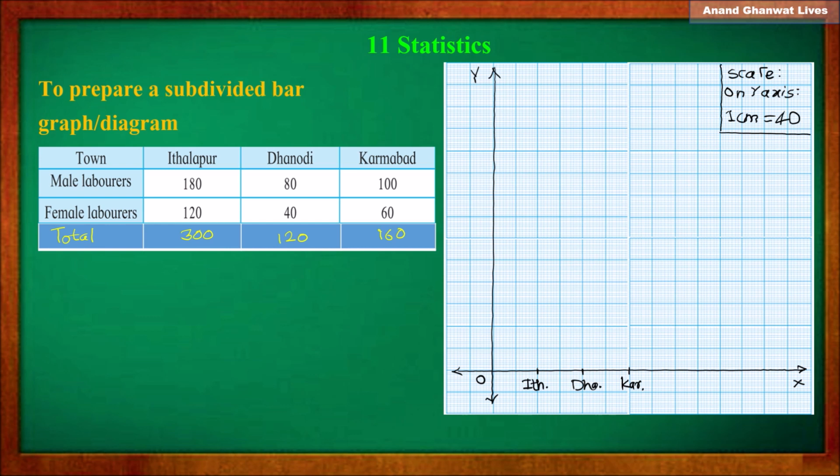Now on the y-axis, 40, 80, 120, 160, 200, 240, 280, 320, and so on. Okay. Now on the x-axis we have given the names of towns, and on the y-axis we have given the number of laborers.